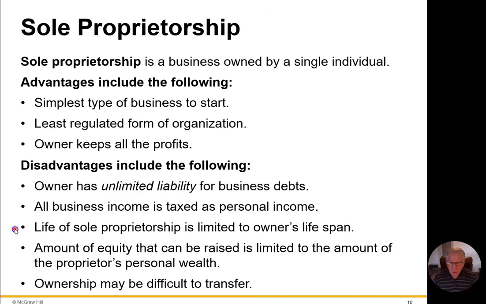The life of a sole proprietorship is limited to the owner's lifespan, and the amount of equity that can be raised is limited to the amount of the proprietor's personal wealth. So the ability to raise capital is very limited, and the ownership may be very difficult to transfer.